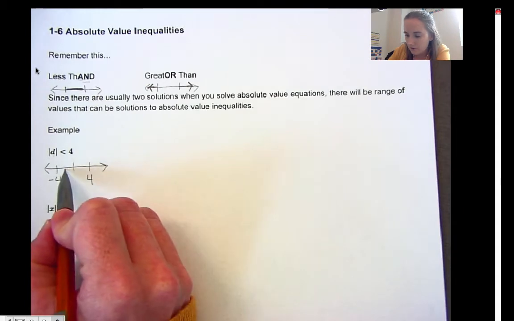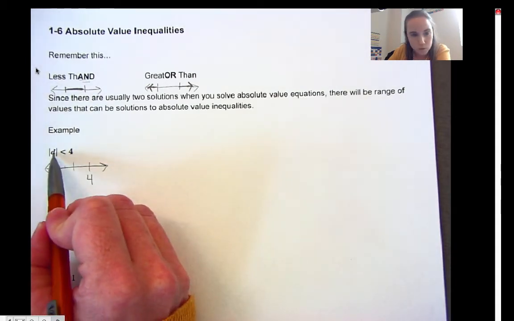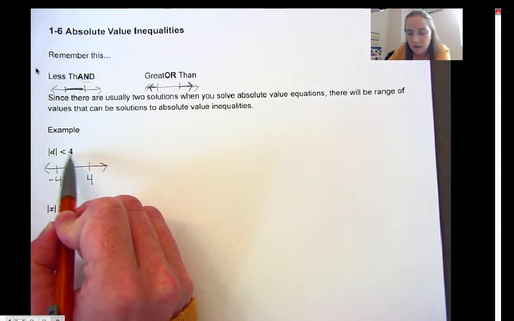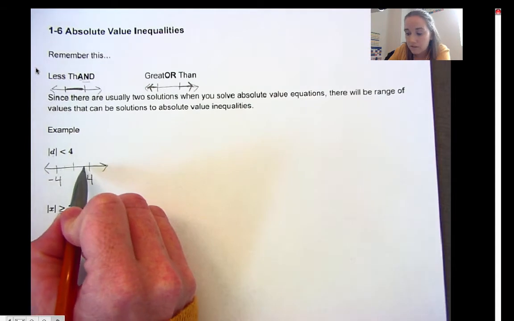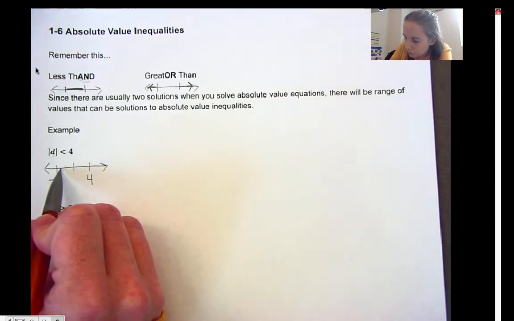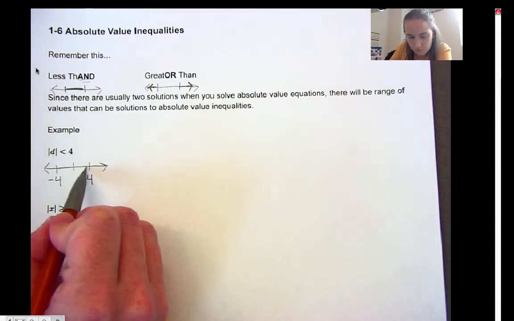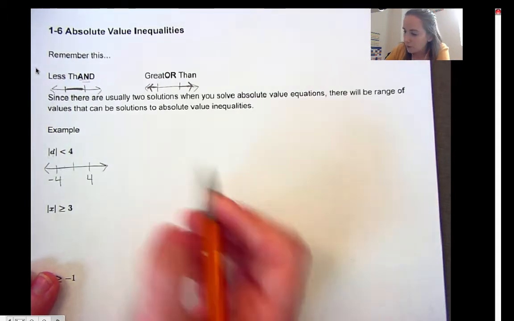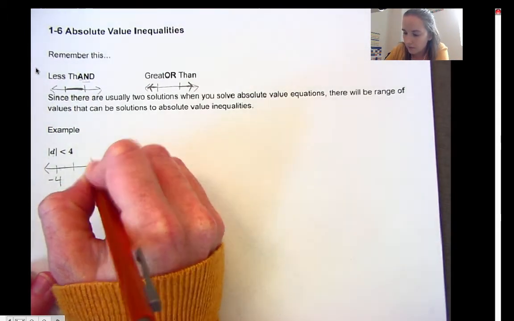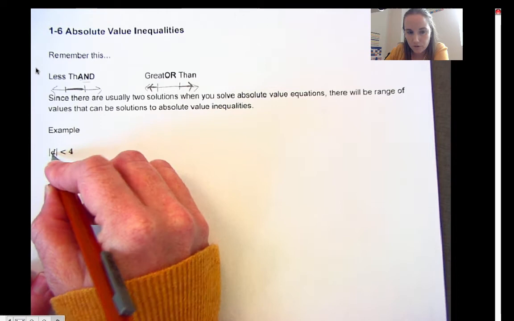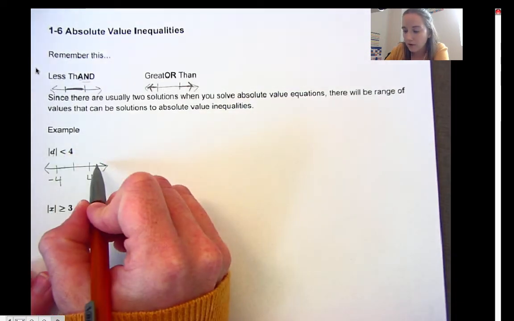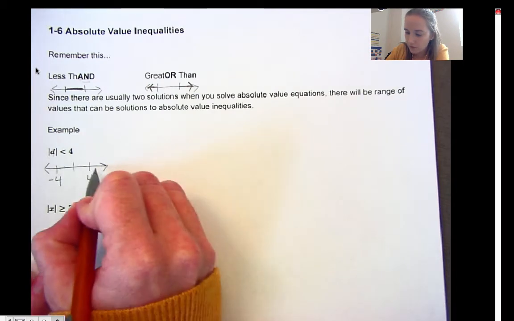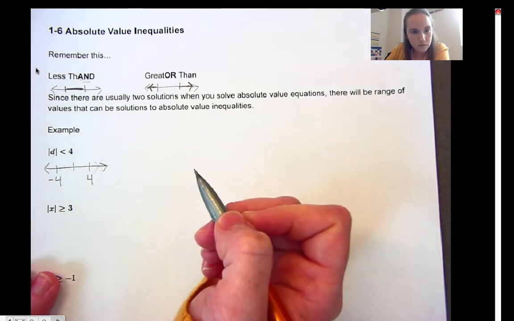If I did negative 2, its absolute value is less than 4. Negative 3, its absolute value is less than 4. Positive 3, too. So these values in between work. But if I plugged in 5 and got the absolute value, it would be greater than 4, so 5 would not work. Once I get past 4, nothing works over here.